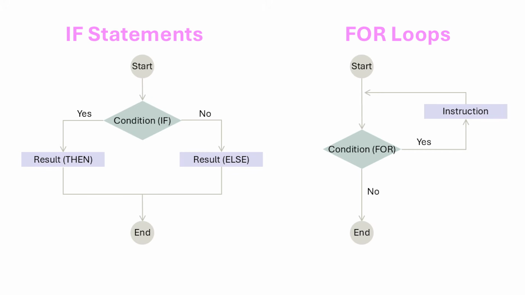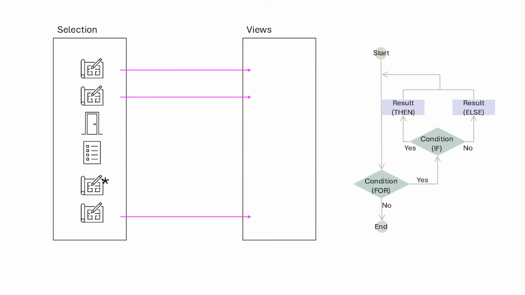Knowing our commands from before, the if statement and the for loop, we can combine them and say: for all of the elements that we have in this selection, look at each one of them, and if it is a view, copy it over to views. If not, don't do anything.